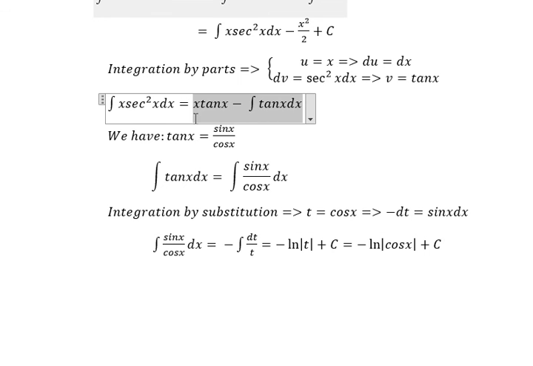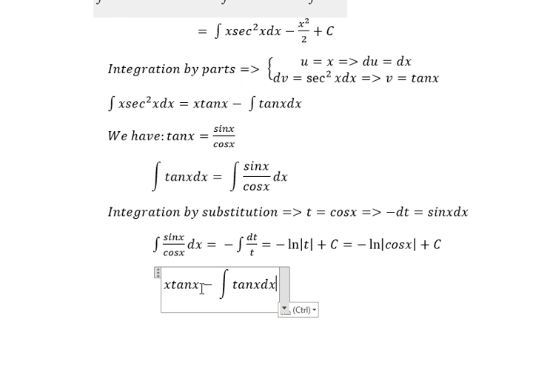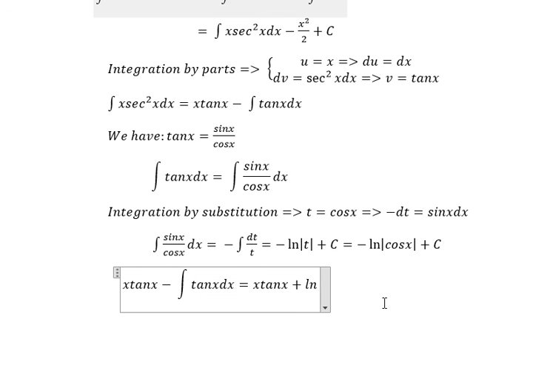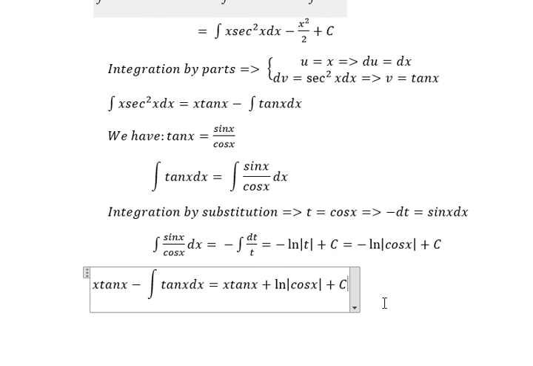And now we can find the value in here. Because we have the negative and we have the negative in here, so we got s tan s plus logarithm base e of absolute value of cosine s plus c.